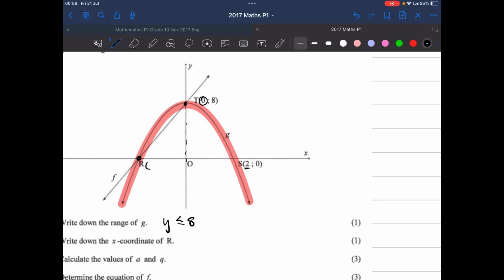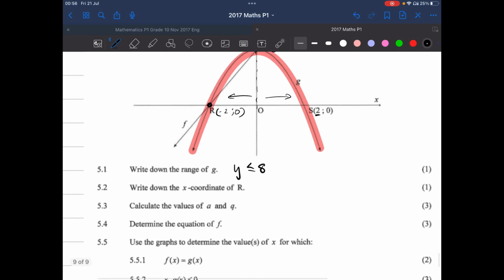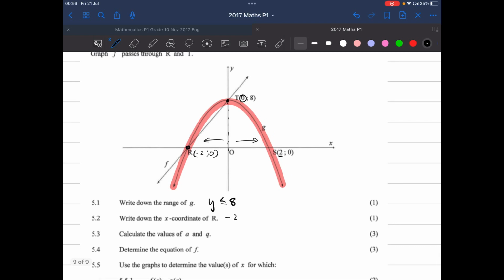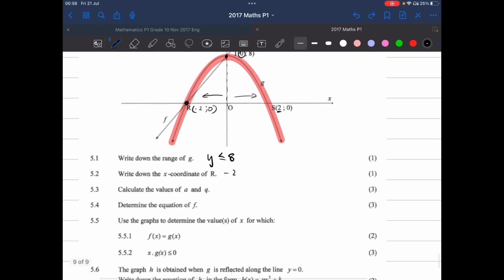If you look at it, we started at 0, we moved 2 units in this direction to get 2. So obviously we have to move 2 units again to this one, so it will be minus 2 because it's in the opposite direction. So it's minus 2. And obviously the y value is 0. They didn't ask for that, but anyway.